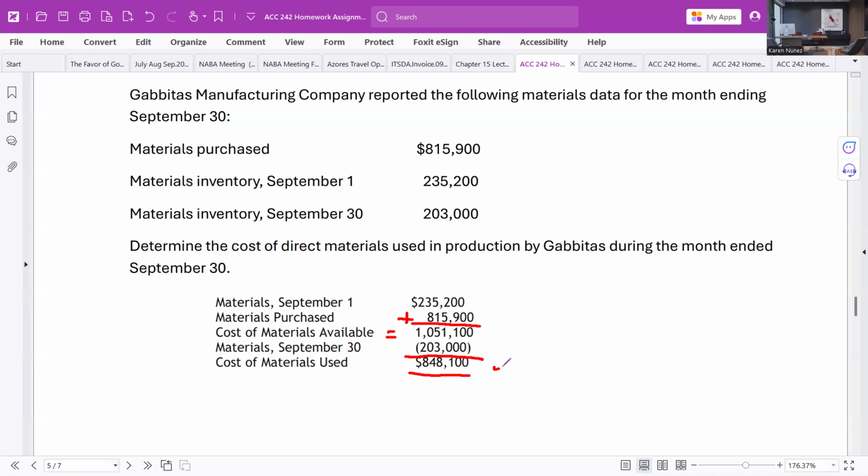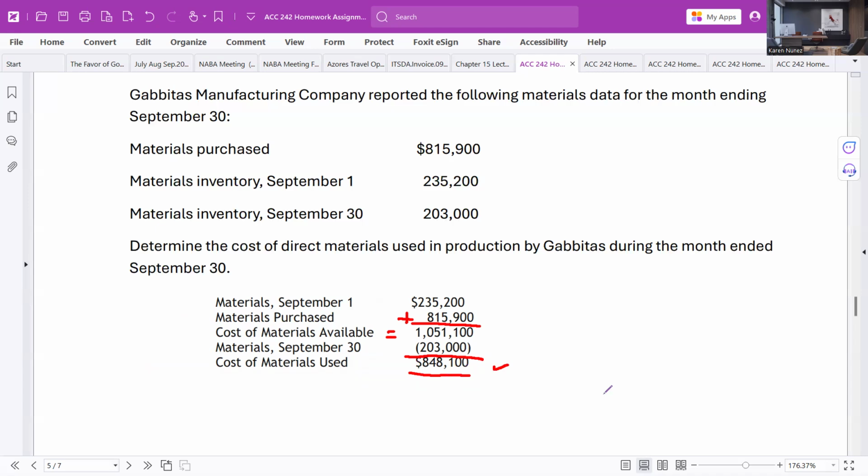And that's what we need here. We need to determine the cost of materials used. So the beginning plus what you purchased gives you what's available, subtract the ending, and that gives you what was used, $848,100. So we've got the cost of those materials that were used during the period. Okay.